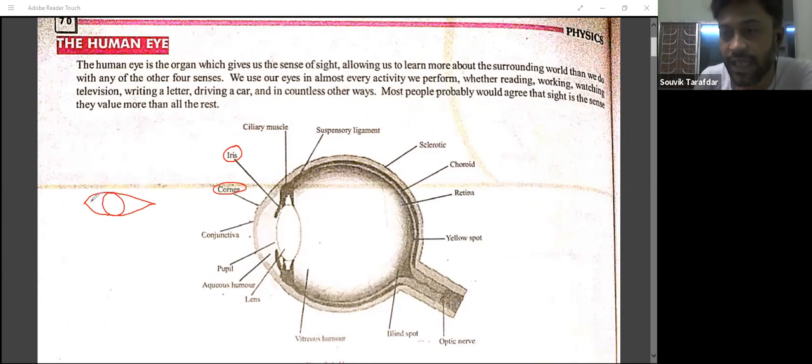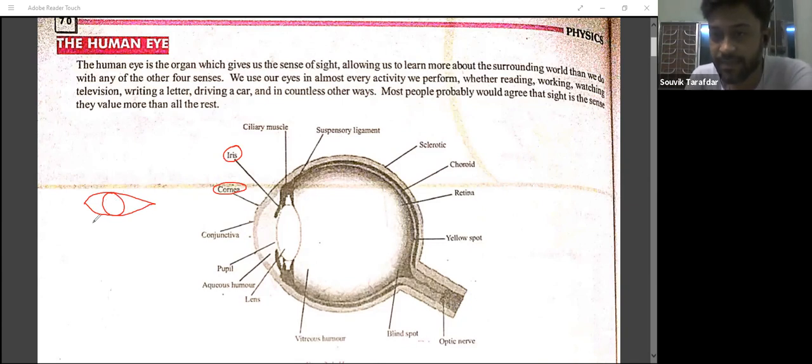If you closely observe someone's eyes, then only you will be able to see that this is the eye, and this is the black portion or the brown portion. The black or brown portion is known as the iris.